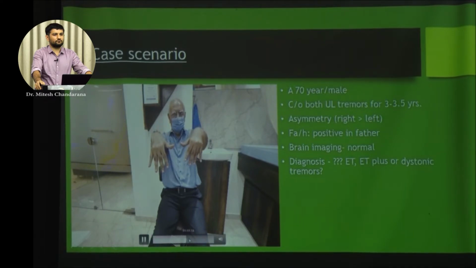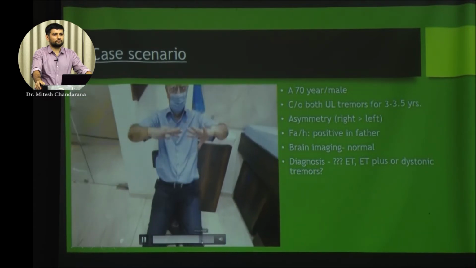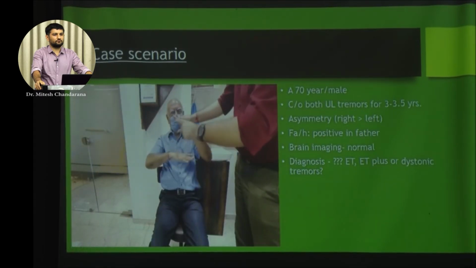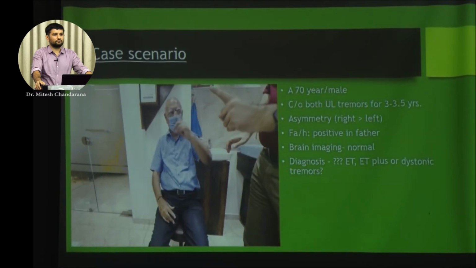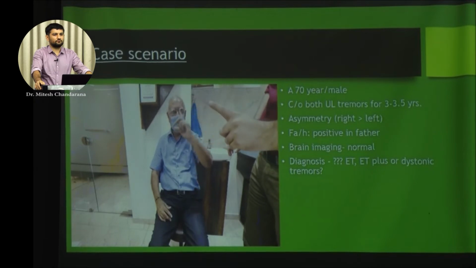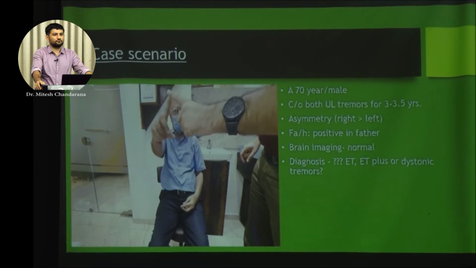There is no position-dependent change in the frequency of tremors. So considering there are soft signs, ET with tremors at rest, and mild dystonic posturing of the left upper limb, and family history is positive, and the duration is more than 3 years.